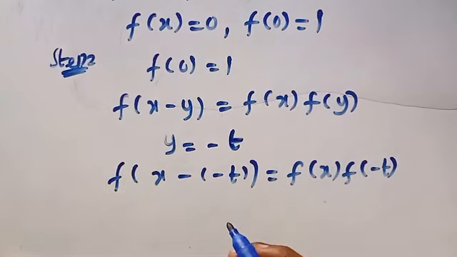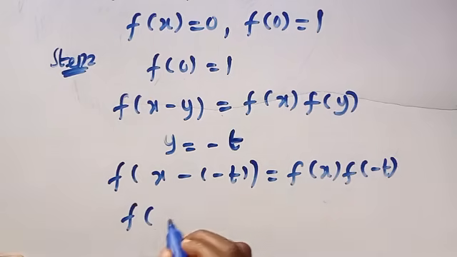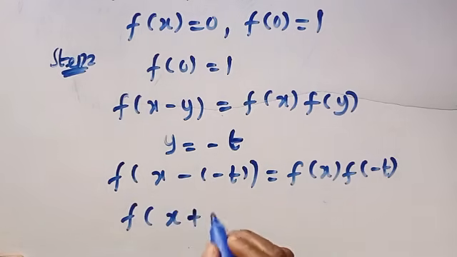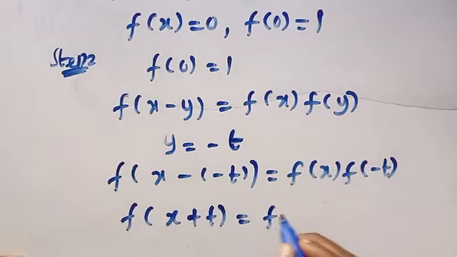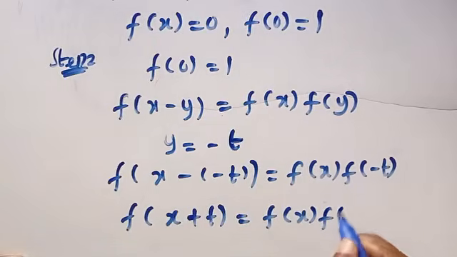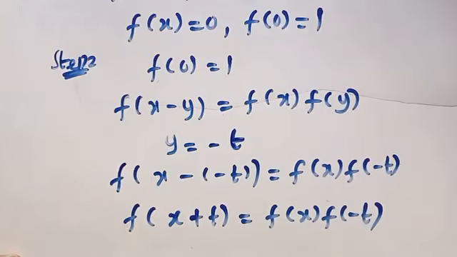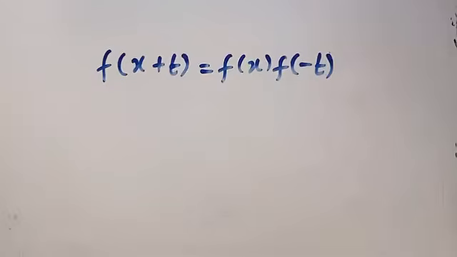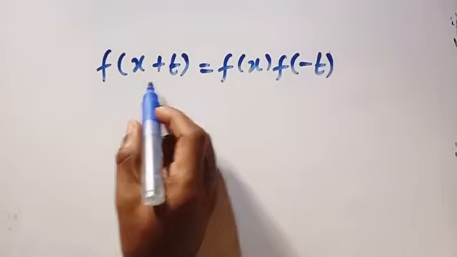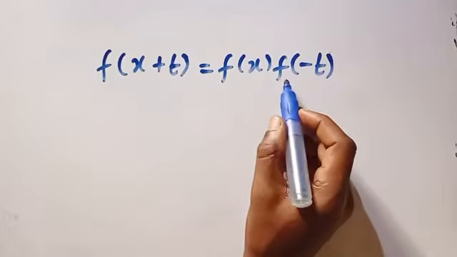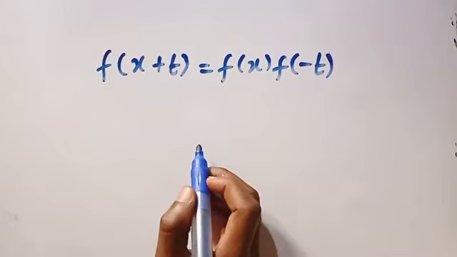We want to prove if the function is odd or even. Then here we have f of x minus minus, that is plus t, equals f of x multiplied by f of minus t. So f of x plus t equals f of x multiplied by f of minus t.